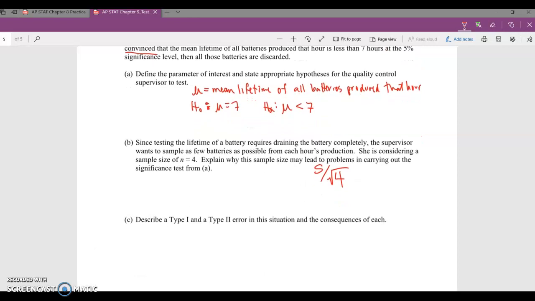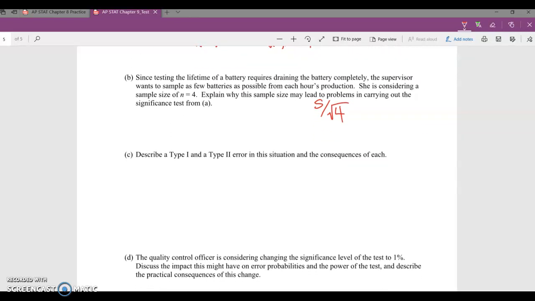All right, part C is what I really want to get to. Describe a type 1 and a type 2 error in this situation. So a type 1 error would be rejecting a true null hypothesis.